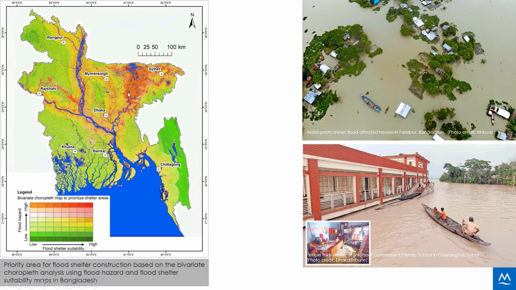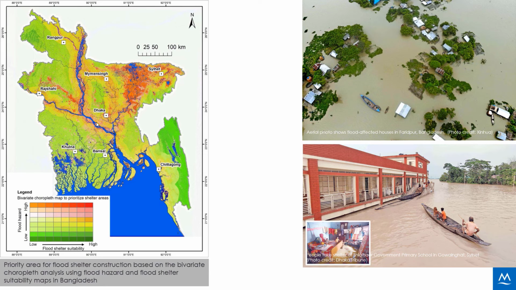we could show. So this is the area where lots of flood shelters need to be built, where people can easily evacuate or stay in temporary shelter. But in the coastal area, lots of cyclones come. Many cyclone shelters have been built, but not flood shelters, although flood shelters and cyclone shelters serve slightly the same purpose of disaster mitigation.